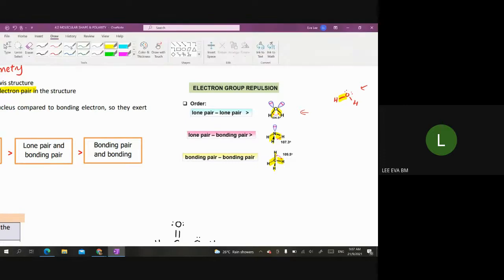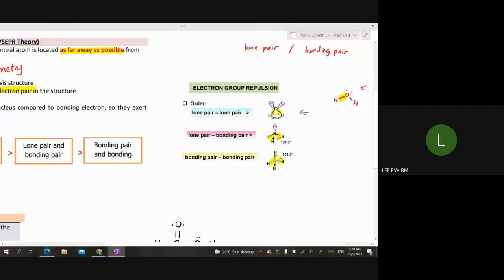So in your VSEPR theory, the order of repulsion between lone pair, okay, so repulsion between both of this lone pair is stronger, compared to lone pair bonding pair. Kalau tengok pada kedua ni lone pair bonding pair, maksudnya antara lone pair dengan bonding pair punya repulsion, and then it will be greater than the repulsion between bonding pair and bonding pair.